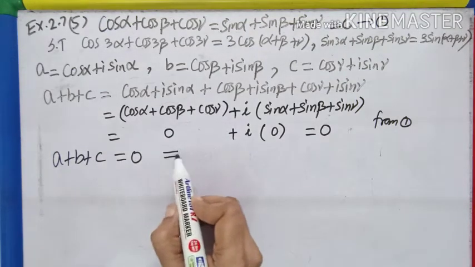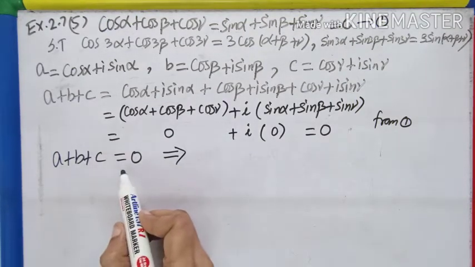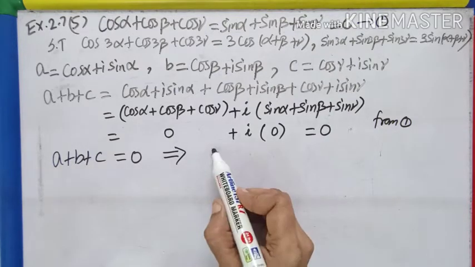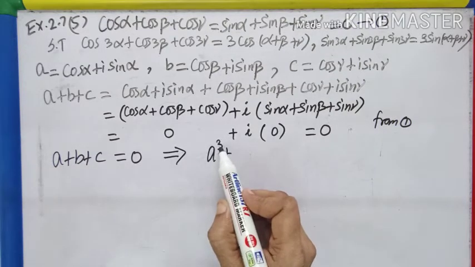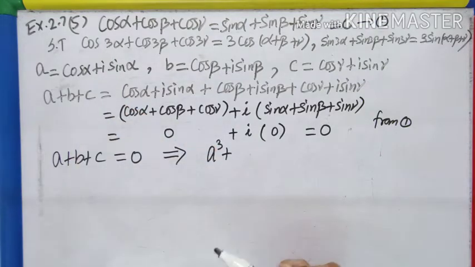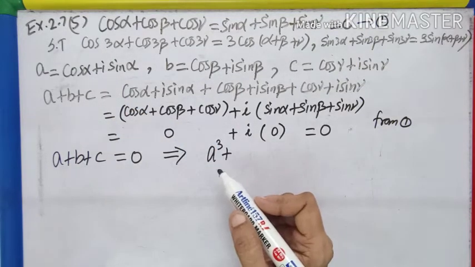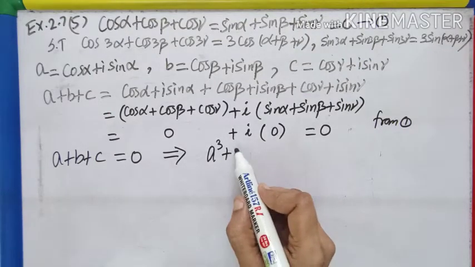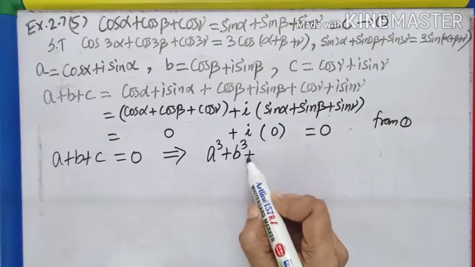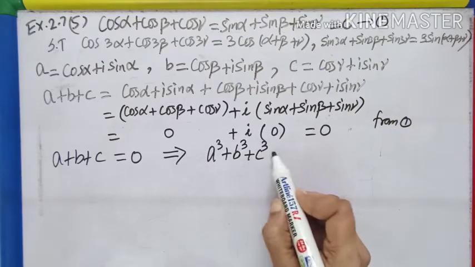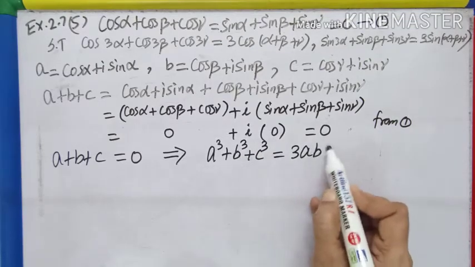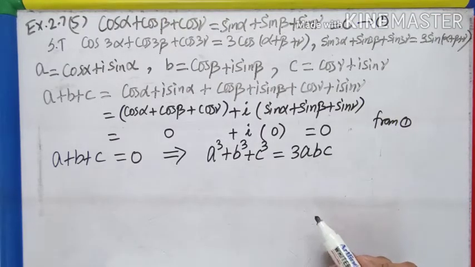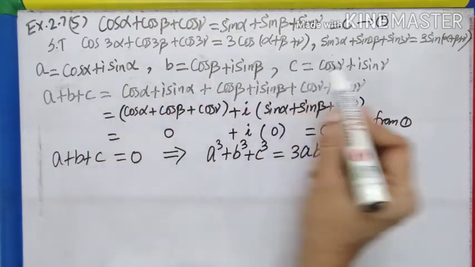In algebra, whenever A + B + C is 0, we have a famous result with cube. See, 3α is my question, so I must recall something related to power 3. And whenever A + B + C is 0, we remember this famous result in algebra: A³ + B³ + C³ = 3ABC. We know what ABC is from here.